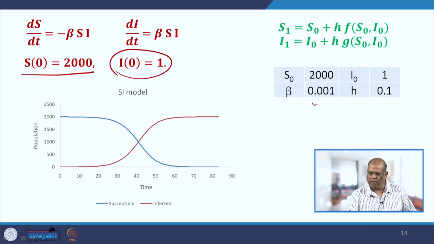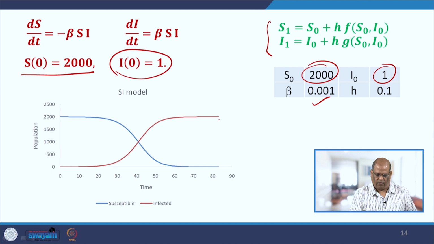These are the parameter values where your beta is 0.001, initial values, the Euler's method for solving, and you get this curve, which is the susceptible and this is the infected, which shows that as time becomes large, with time all the susceptible will be infected. This susceptible comes to 0 and the infected reaches the value 2001.